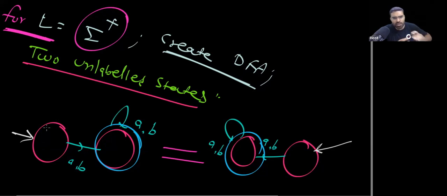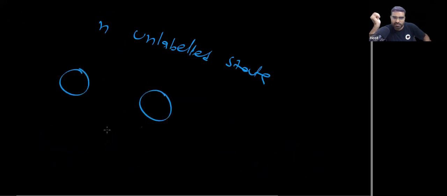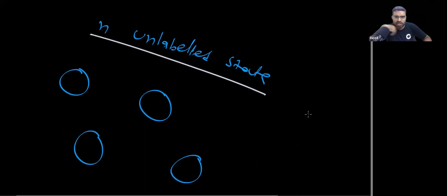It's like this: I give you unlabeled states. When you are creating a DFA for any language, is it necessary you start from this one? You can also start from this one. These states are unlabeled.